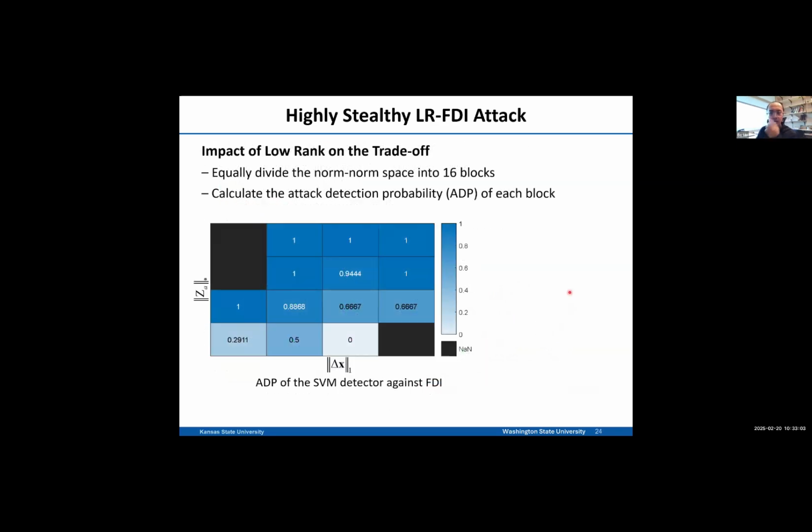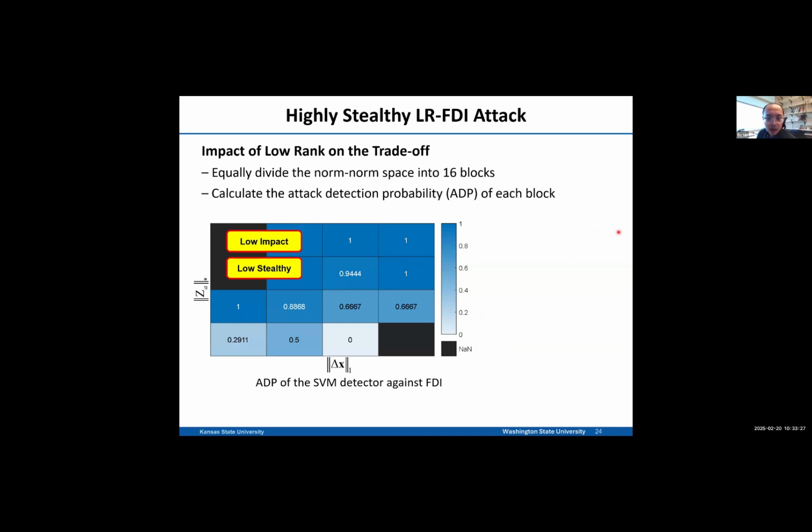Here we combine the two figures together, and we equally divide the norm space into 16 blocks. Then we calculate the attack detection probability, ADP, of each block. A larger ADP value indicates the attack is more likely to be detected by the SVM detector.